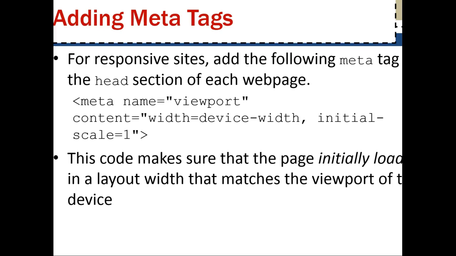Initially loading the correct layout for each device is very helpful for mobile devices because it can eliminate extra zooming that might be needed. This is the code for it: meta name viewport, content with device width, initial scale equals 1. So this code makes sure that the page initially loads in a layout width that matches the viewport of the device.